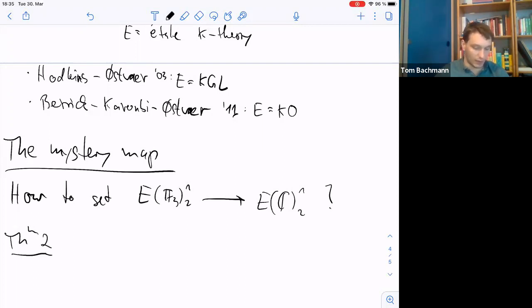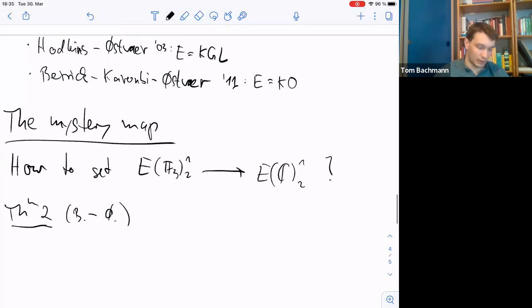So this is maybe theorem 2. It goes like this. Let E be a motivic spectrum. Take the ring Z, localize at 3, and then Henselize that, which is the same as taking the subring of the complex numbers of all elements which are algebraic over Z localized at 3.